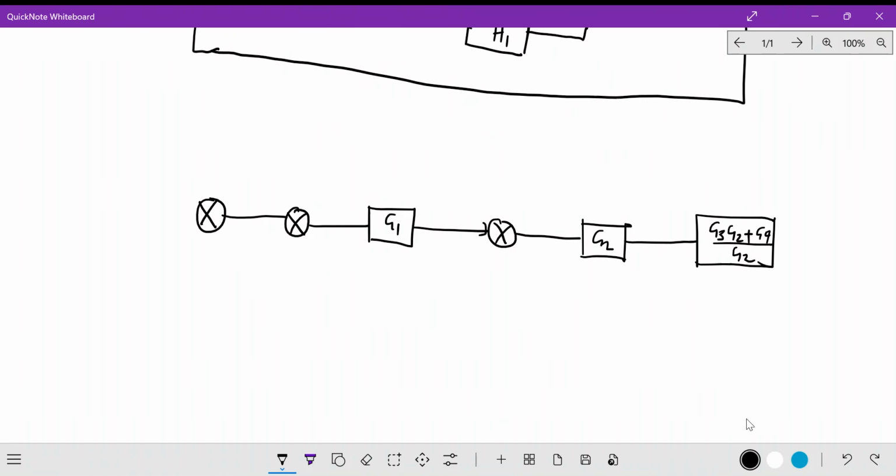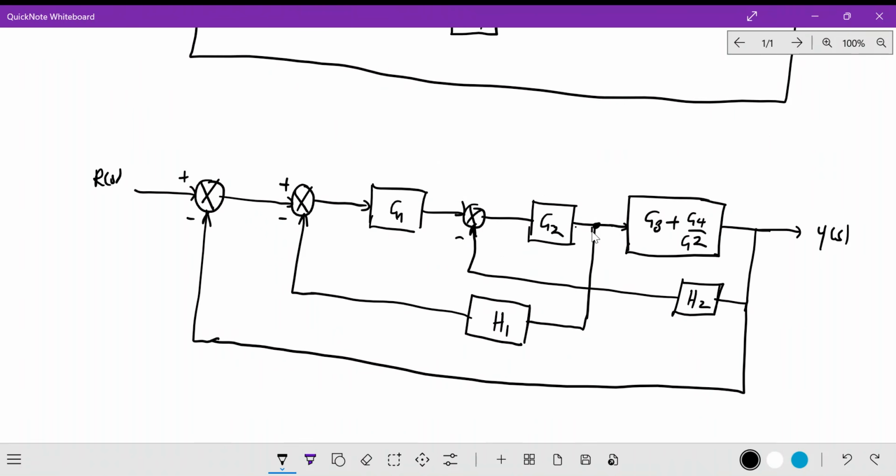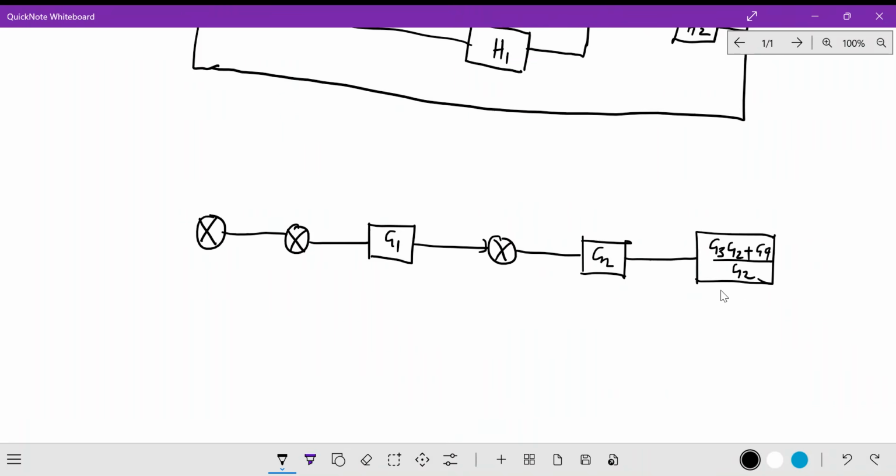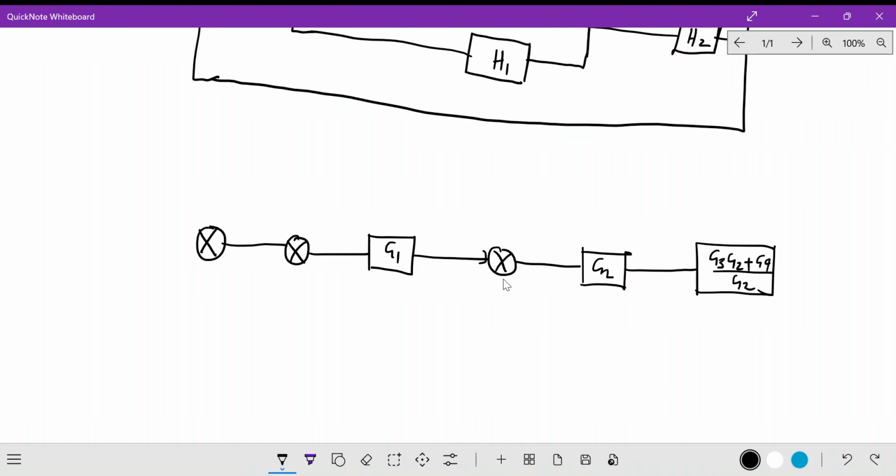Now I've moved this takeoff point from this position to this, right? So it doesn't matter. You can even connect it here. It's the same position. Doesn't matter where you connect it. So this is what we have. Let's see what you're going to have there.